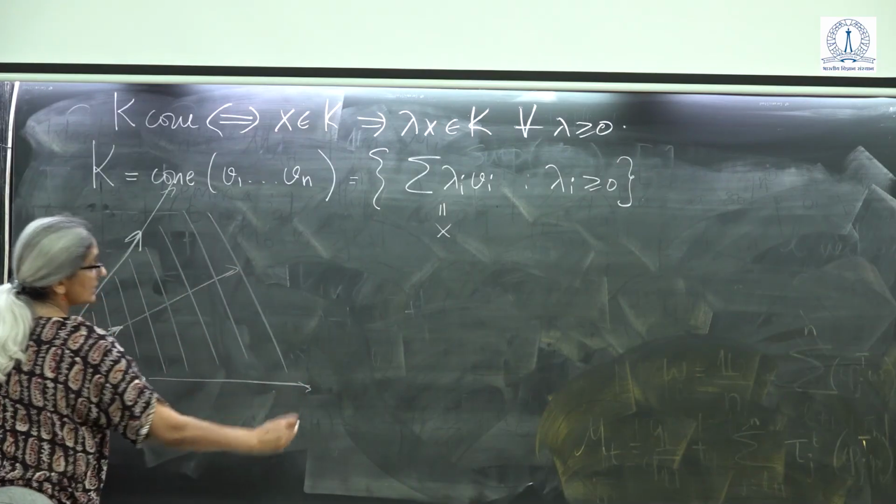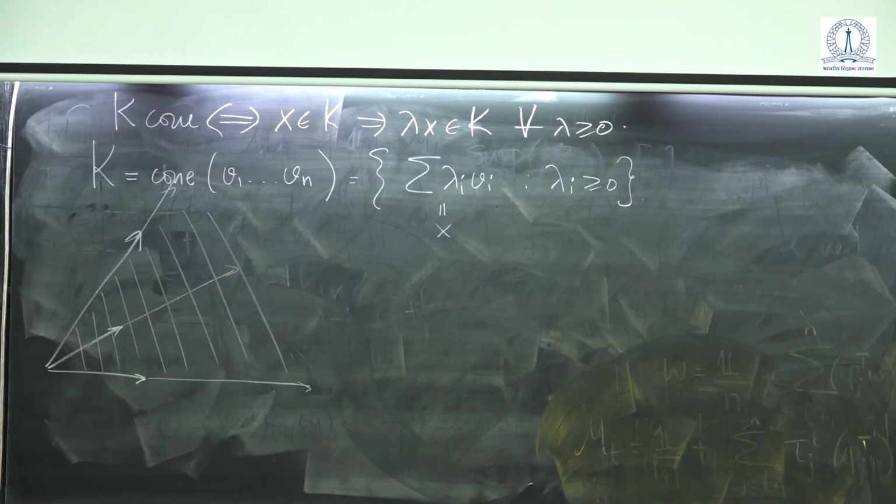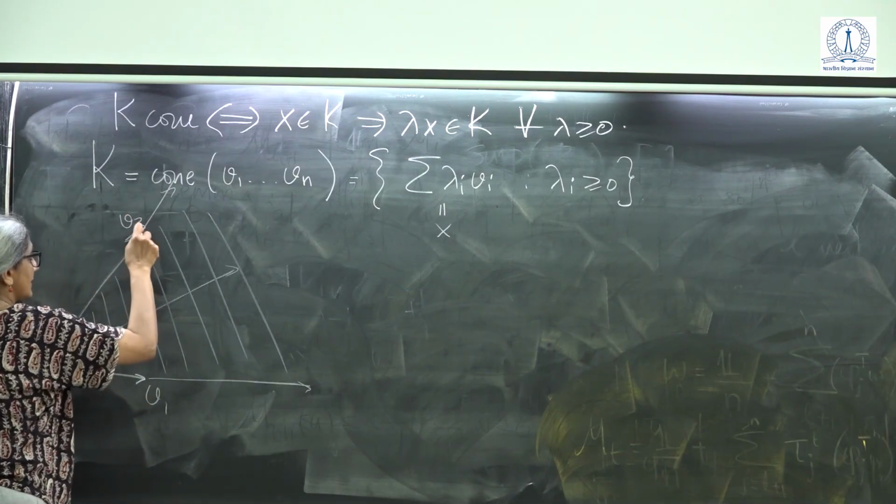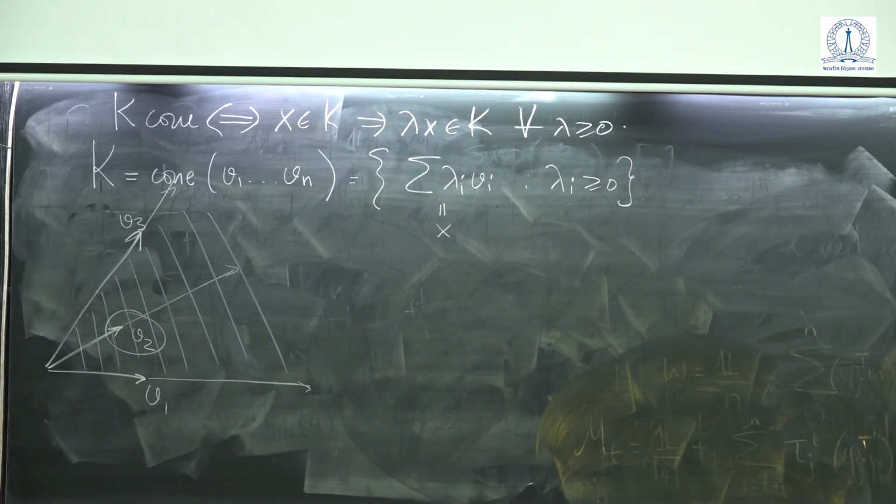This is the region I get as the cone spanned by v1, v2, and v3. This is v1, this is v2, and this is v3. This one turns out to be redundant. The cone spanned by v1, v2, v3 is the same as the cone spanned by v1, v3. Those extreme things are called extreme rays of the cone. Those are necessary, but I don't need the one inside.